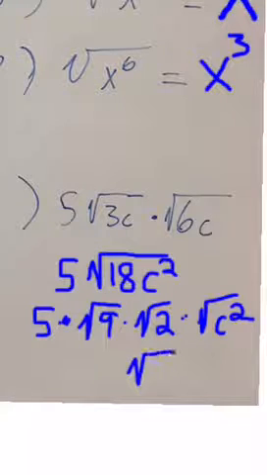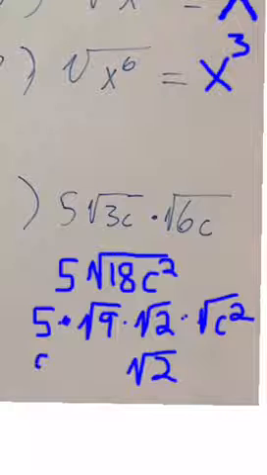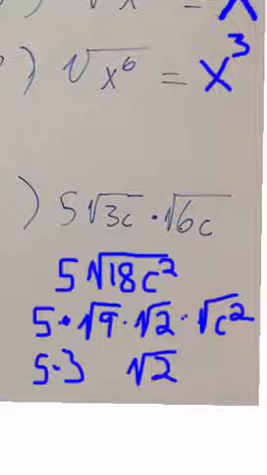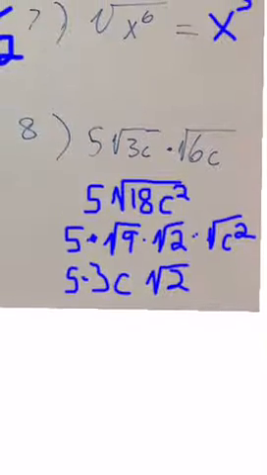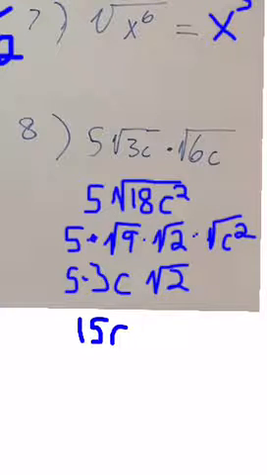That's going to stay as it is. I have the 5 out here, times square root of 9 is 3, and then c squared is c. So to finish this up, I have to do the 5 times the 3, which is 15. The c is going to stay, and the square root of 2 is going to stay.